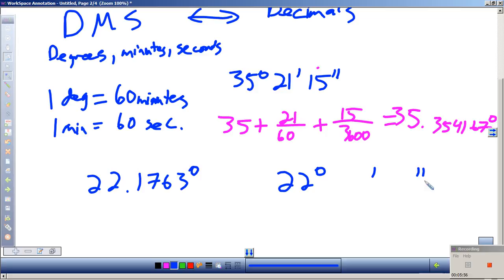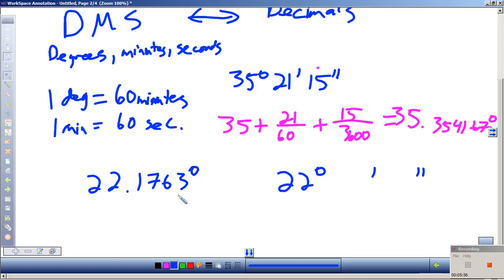The easy way is put this into your calculator, push enter, then put minus 22, and then enter. Not negative 22, minus 22. So we should get just this 0.1763.